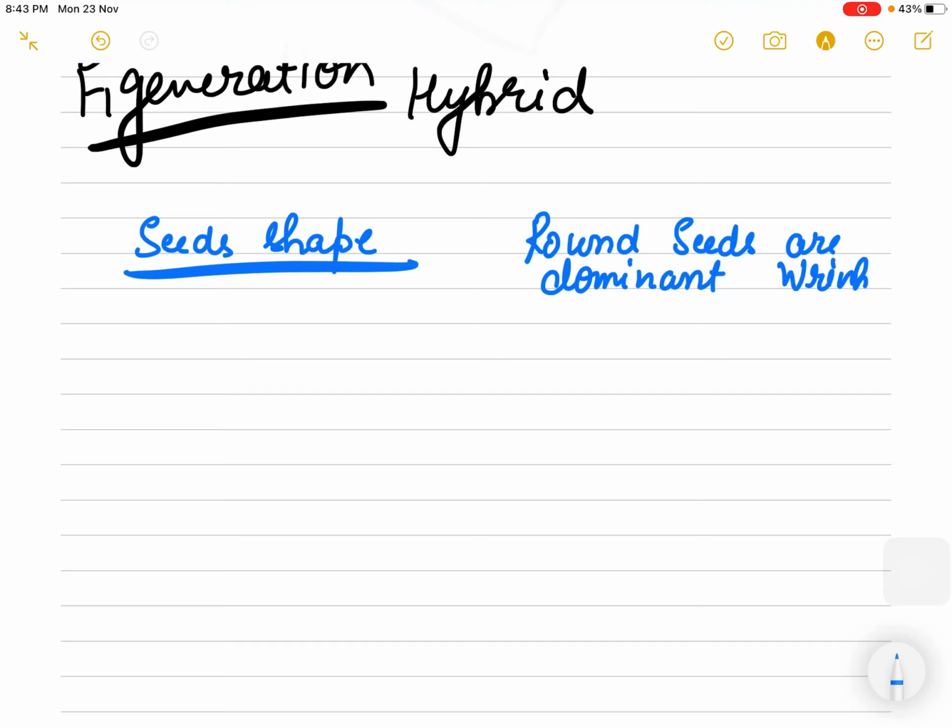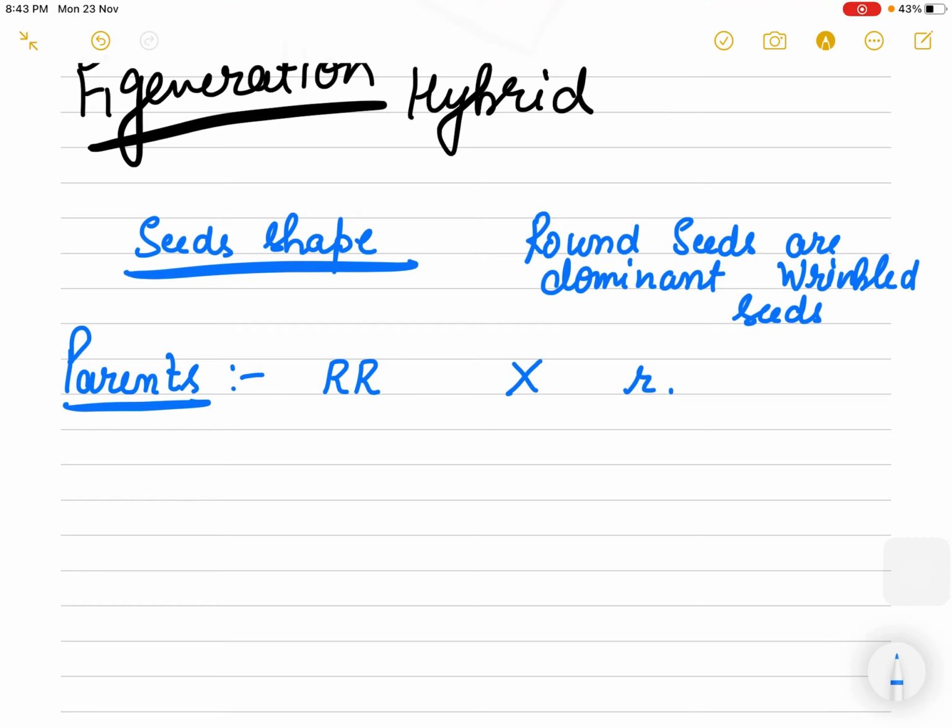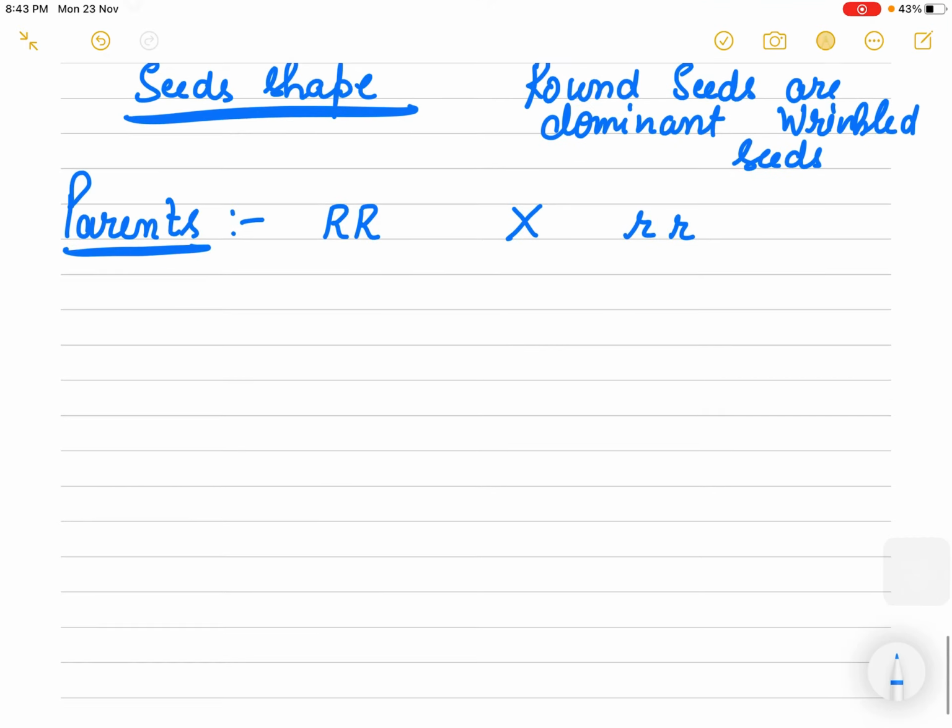What are the parents you are going to form, because we are going to cross them? Firstly, you will make round seed. So I'm going to take capital R capital R, because these are dominant, and wrinkled seed, so I'm going to take small r small r.